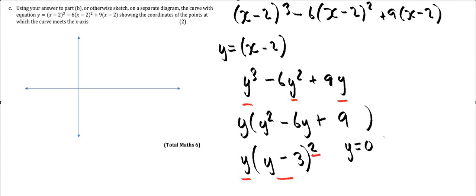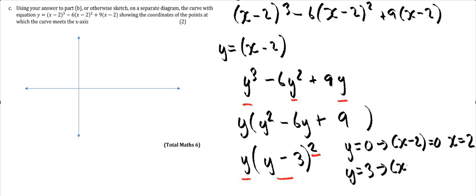If y equals 0, that means x minus 2 equals 0, so x must equal 2. For this root, y must be 3, so x minus 2 equals 3, and therefore x must be 5.